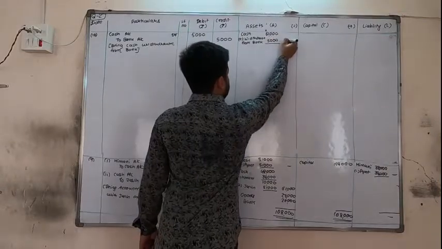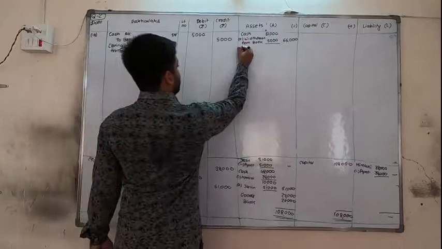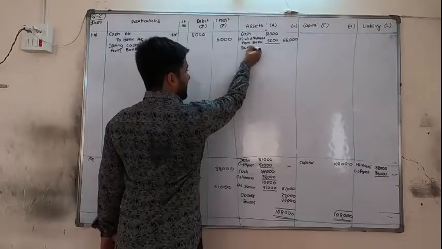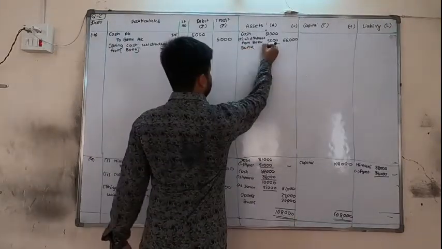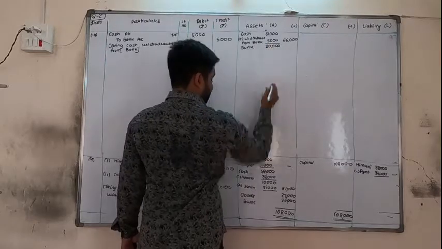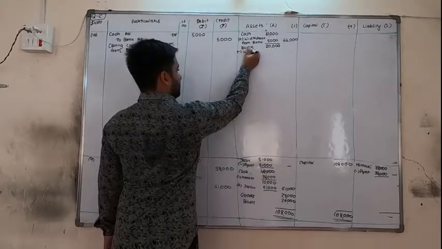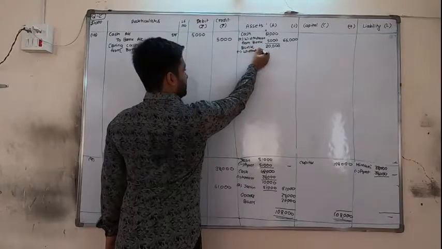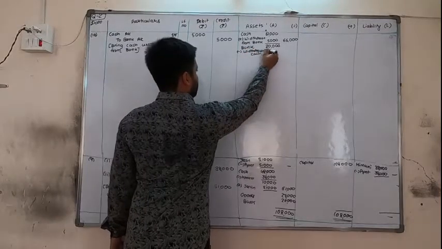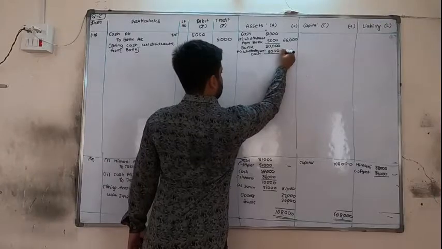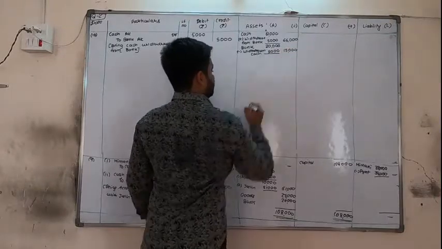So now our cash will be 66,000. Moreover, bank is the giver, so bank will be decreased. Bank was 20,000 previously, and minus withdrawn cash of 5,000. So bank will be 15,000.